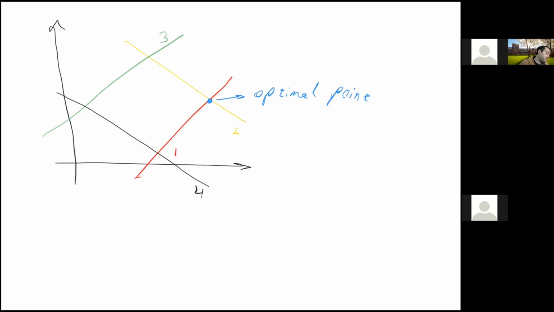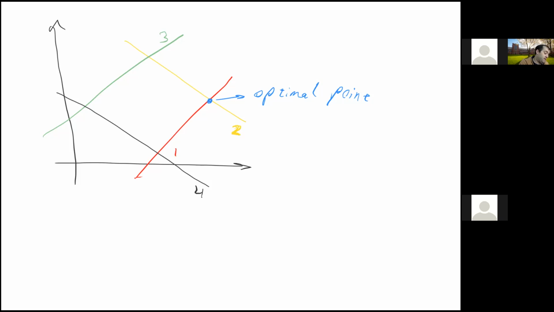Also, we talked about shadow price. Can you remember the definition of shadow price? It is the change in the objective value when you change a constraint or a resource.